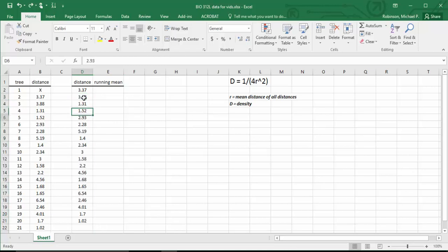But what if we had these 4 data points, versus those 10 data points? How does that change our results? So we need to get the average of these 2, then the average of these 3, then of these 4, and of these 5.